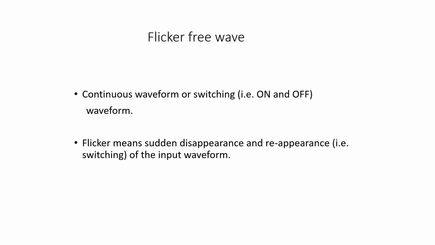It is then necessary to convert the horizontal deflection into a time axis. So a special unit inside the oscilloscope called the sweep generator or the time-based generator provides a periodic voltage waveform that varies linearly with time. This waveform is like the teeth of a saw. It is also known as the sawtooth waveform or the ramp waveform.